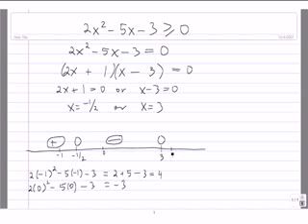Finally, we need the test point 4. So we have 2 times 4 squared minus 5 times 4 minus 3 is equal to 2 times 4 squared, which is 16, so 32, minus 5 times 4, which is 20, minus 3.